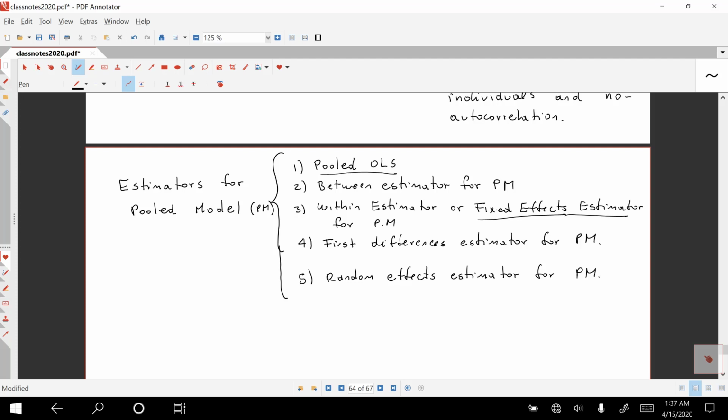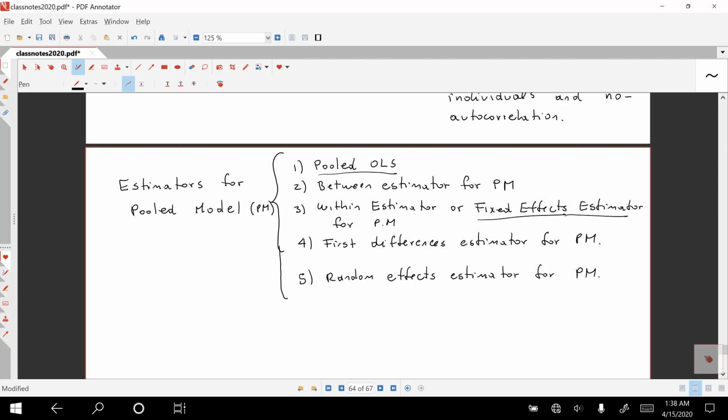All of these estimators are going to involve ordinary least squares. So basically, everything that we learned is going to be applied. In terms of estimation procedures, there are not that many new things here. You are going to see that once again, most of these estimators are mainly OLS.